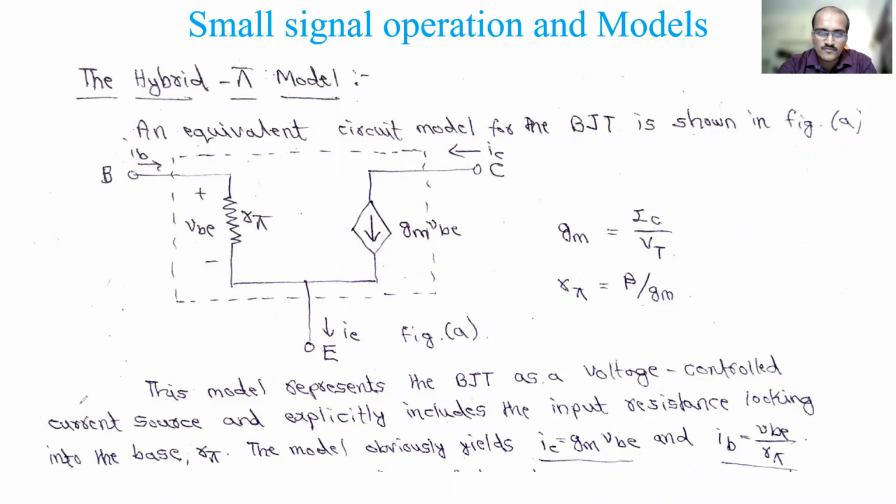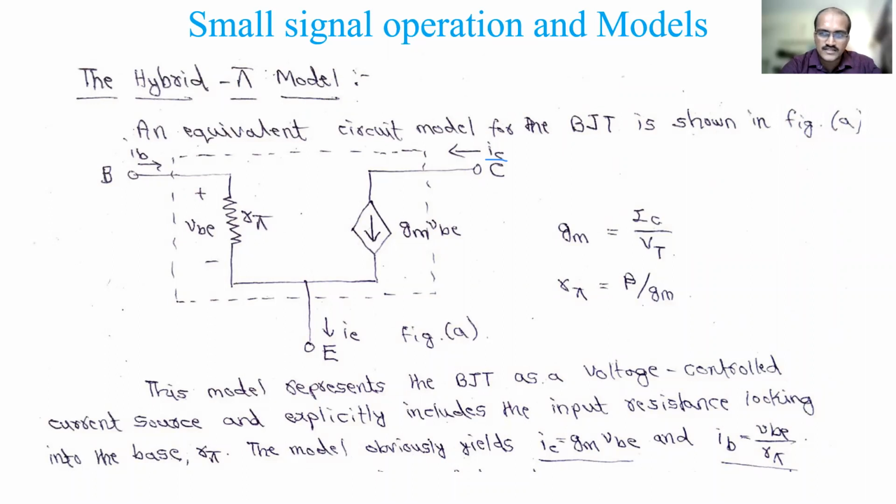This model represents the BJT as a voltage controlled current source and explicitly includes the input resistance looking into the base, that is rπ. The model obviously yields ic equal to gm into vπ. This current gm vπ is nothing but ic, and the base current ib is vπ by rπ, voltage by resistance, where the voltage is vbe and the resistance is rπ.